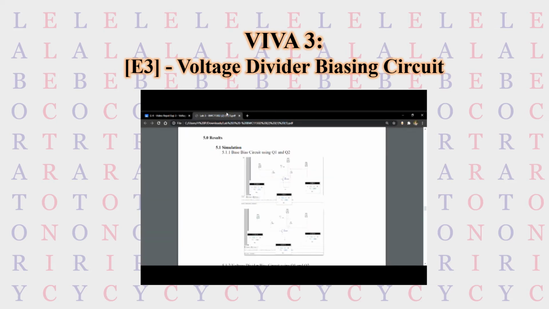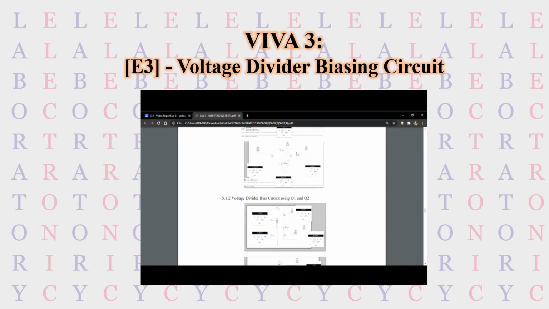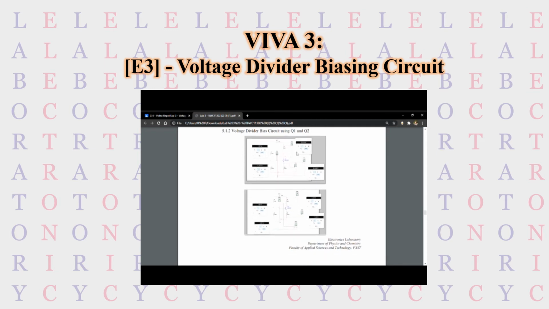This is the result that I got from the simulation that I have done. For the simulation of the base bias circuit using Q1 and Q2, this is the circuit that I got. And this is the circuit that I got for the voltage divider bias using Q1 and Q2.